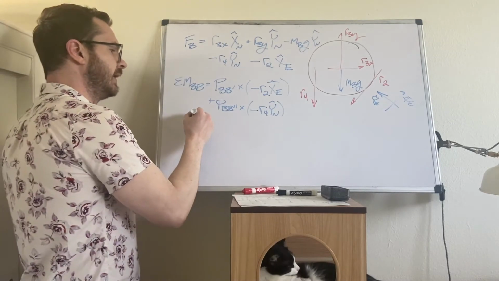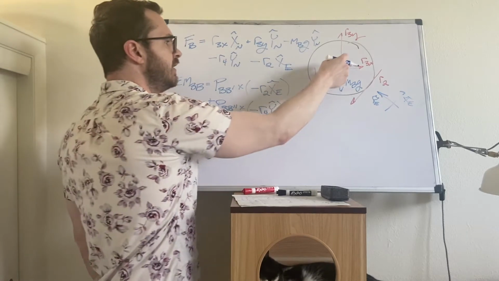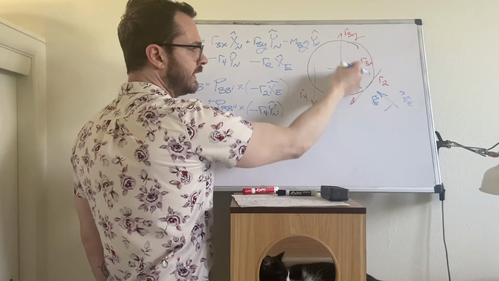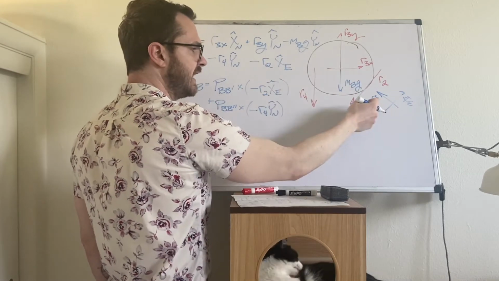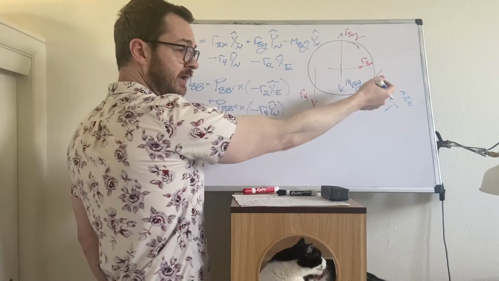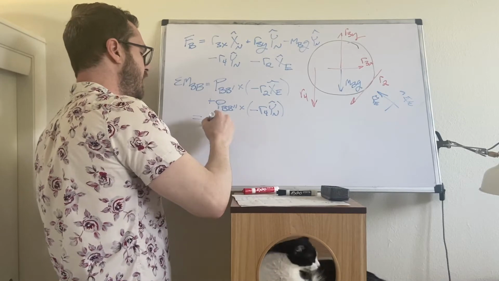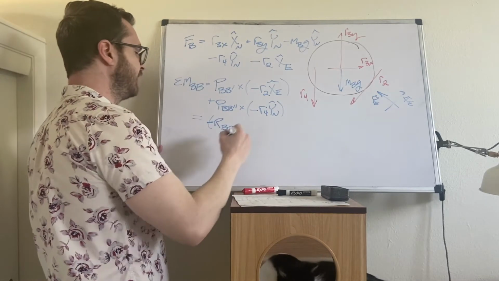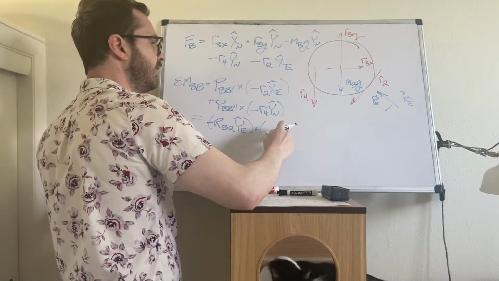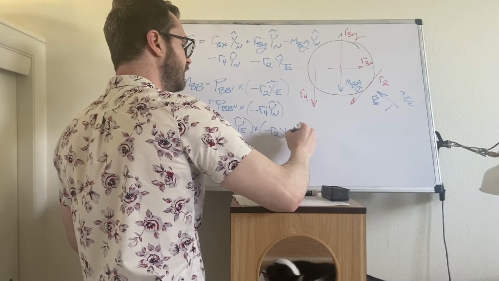Okay, let's get the specifics for the position vectors. B to B prime, it's the point associated with R2, we're going against, right? We're going in the negative Y hat E direction, and it's on the outer radius. So this is negative RB2 in the Y hat E, cross, the force is negative R2 in the XE.